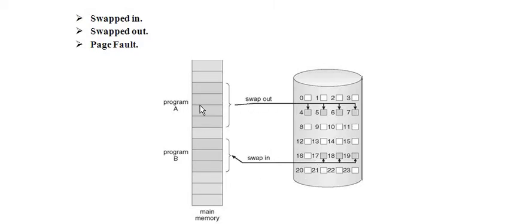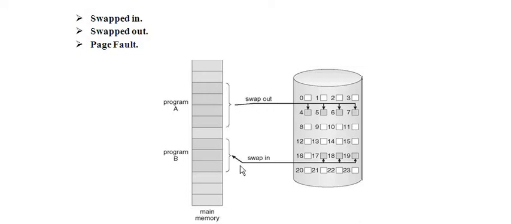Then what is swapped out? What will happen is, when we swap in some processes from the secondary memory to the main memory and we don't have space, then we need to swap out the processes which are not executing right now, so that my CPU will be kept busy. When we take a program or a process from main memory back to the secondary memory, it is called swapping out.